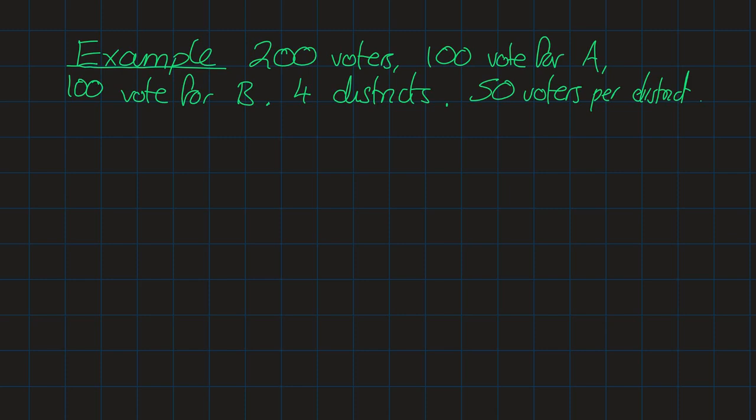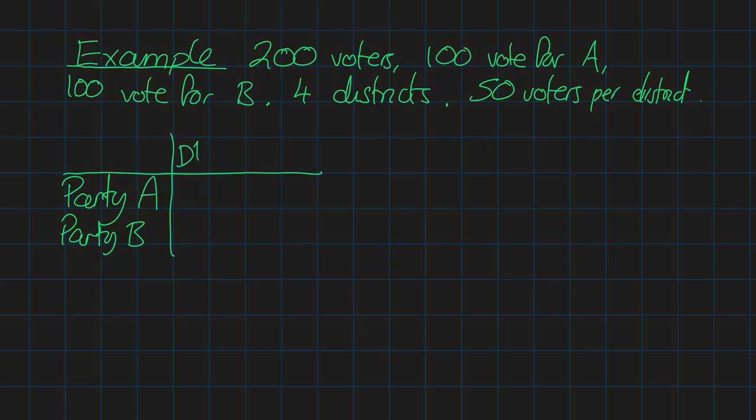How can I gerrymander this in favor of one or the other? I could try something as follows. Party A, party B. If I'm trying to gerrymander for party A, it would be convenient if district 1 has 30 voters who want party A and 20 that want party B. District 2, 30, 20.